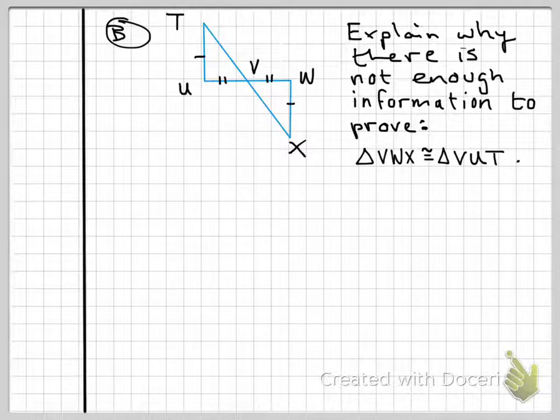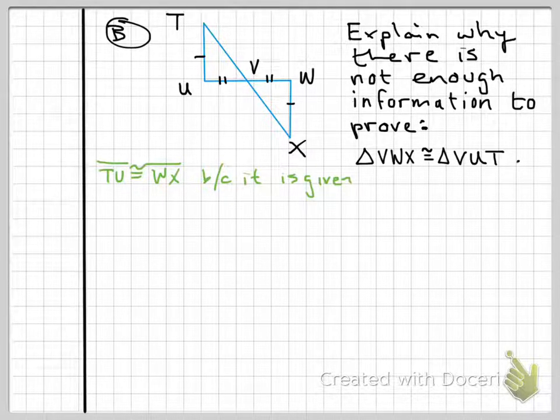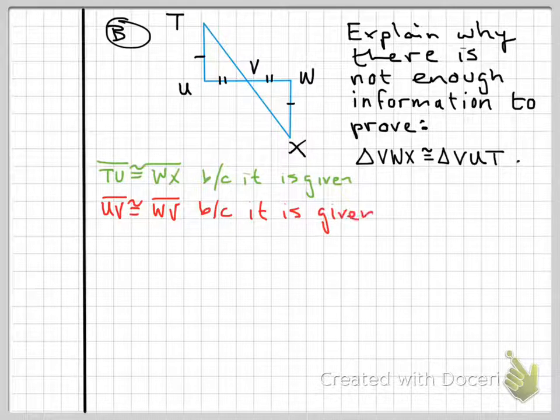I know that TU is congruent to WX because it is given, or the markings were given. And I know that UV is congruent to WV because it is given. I'm talking about these given markings.